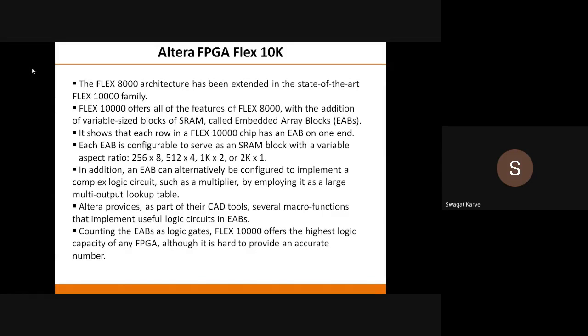That means each row in that FPGA is provided with one embedded array block, and it can be configured to serve as a static random access memory block with these different aspect ratios.